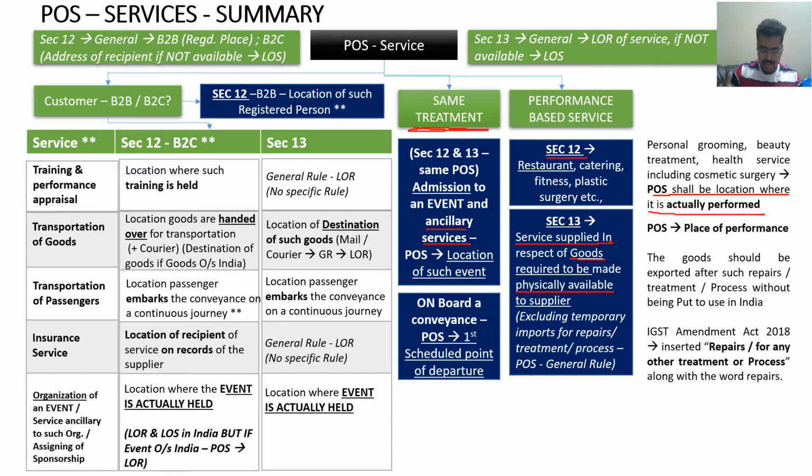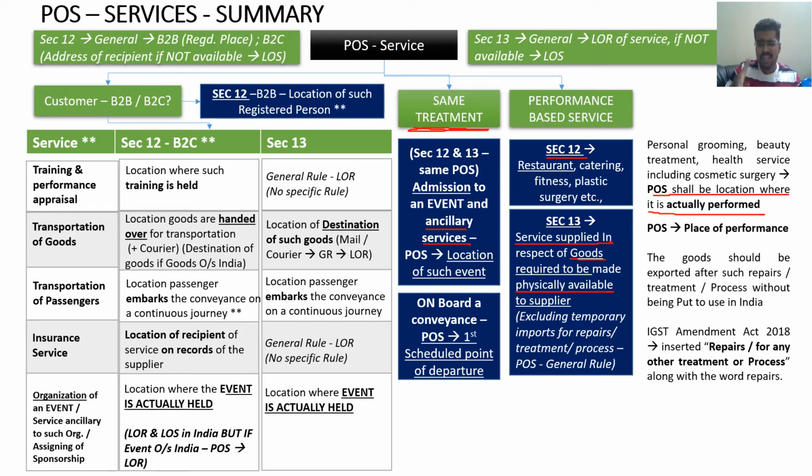So these services like storage, warehouse, or cargo clearances, or let's say certification of some food safety standards or some technical analysis, which all you need to provide the service on those goods, in respect of those goods, and you can't provide the service unless the goods come into your physical possession or come physically in your presence. You cannot provide these services.